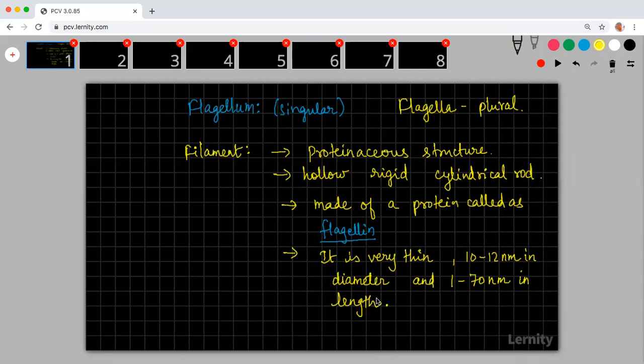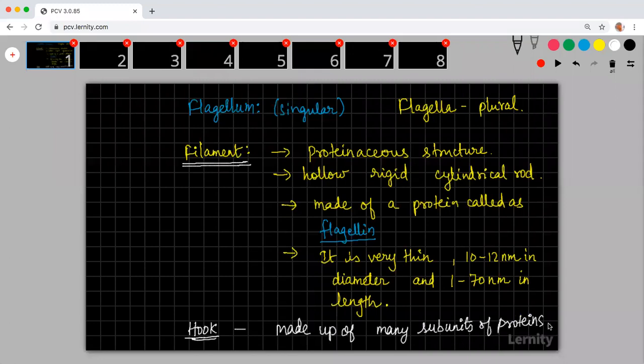So this is what this filament is all about. Then you have the hook. The hook is made up of many subunits of proteins. Okay, so please take this down.